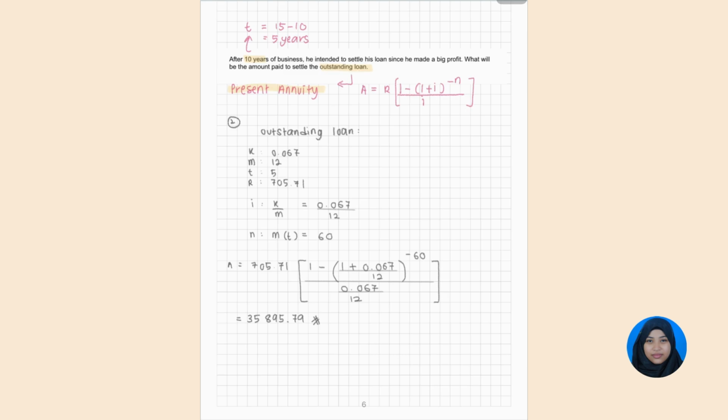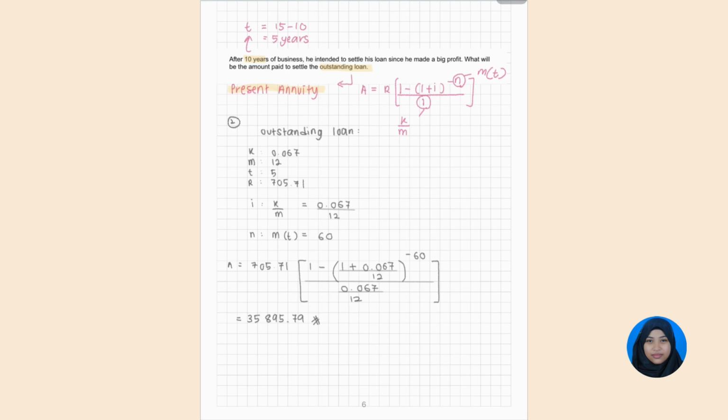This is our formula. To find the i, we have to use k divided by m, while n is m times t. Now that we have our formula, we can answer the question. As you can see, I already wrote it all up. So let's take a look together.